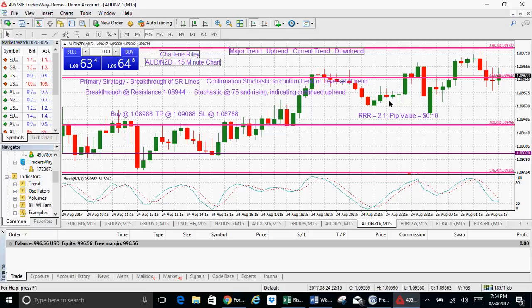So I do see a line of support and resistance right about here. So I'm going to add another line here.